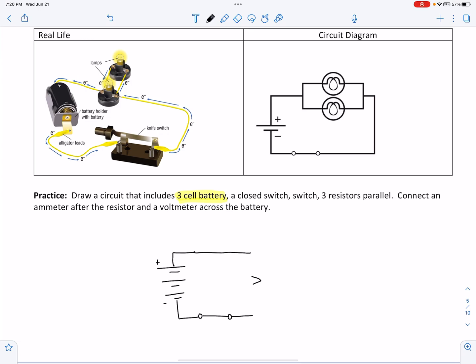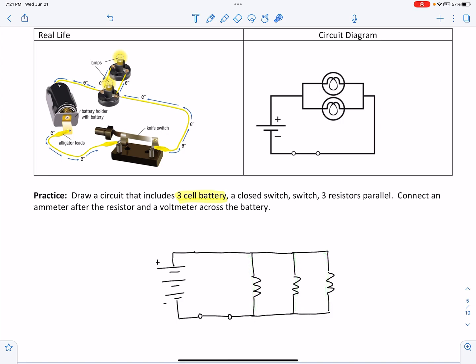A resistor is drawn like a zigzag. Here's our first resistor. Our second resistor can be drawn in a separate path in parallel to the first resistor. And the third zigzag parallel path. These 3 resistors are in parallel with one another.